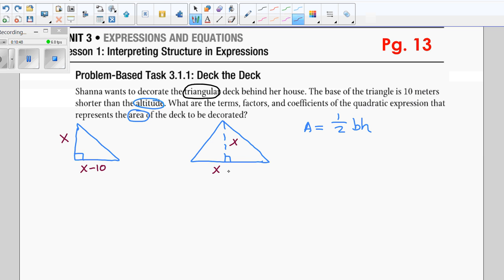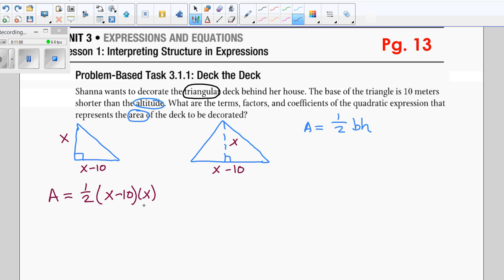This entire length is 10 meters shorter. Regardless, my area is going to be 1/2, and you can see in both of these my base is x minus 10, times my altitude, or 1/2 times my base times my height.